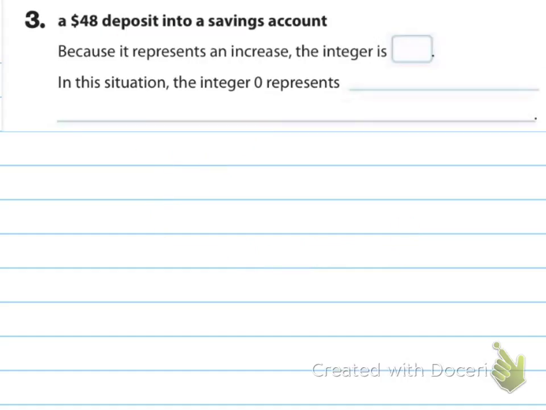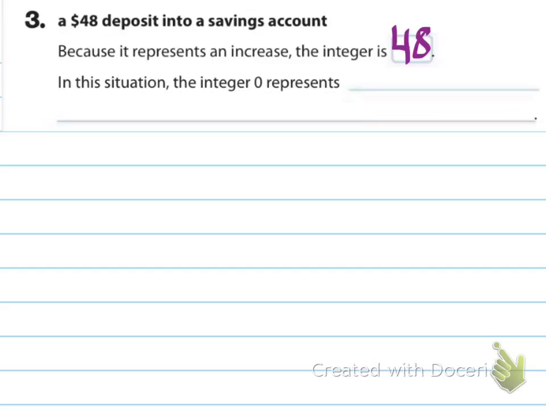All right, number 3 says a $48 deposit into a savings account. Now here's the thing is, you'd have to know the difference between withdrawals and deposits. When you deposit money in the bank, that means that you're increasing your account. When you withdraw money from a bank, you're decreasing the amount. So a deposit means you're increasing, so the integer is a positive number 48.